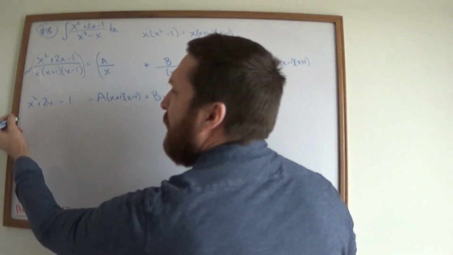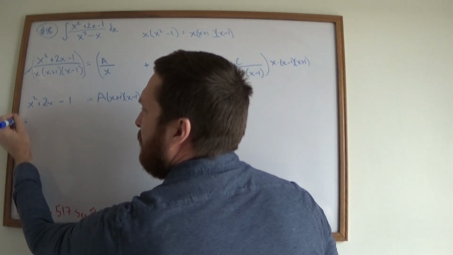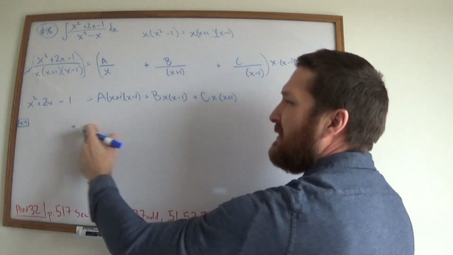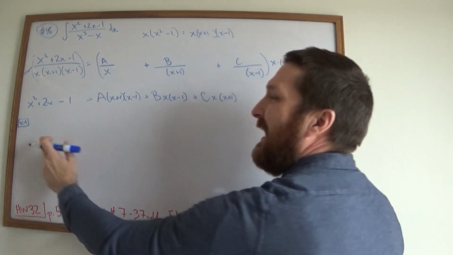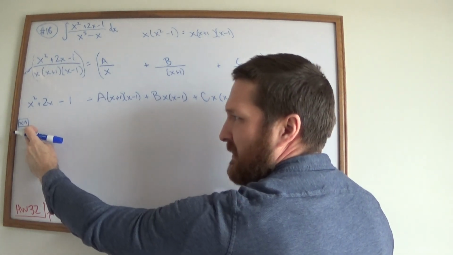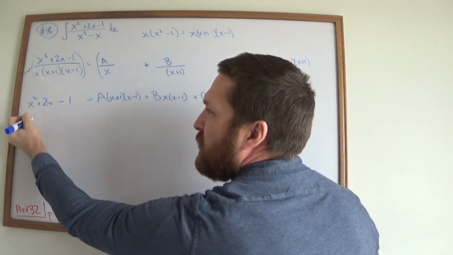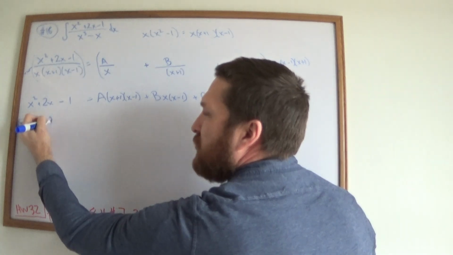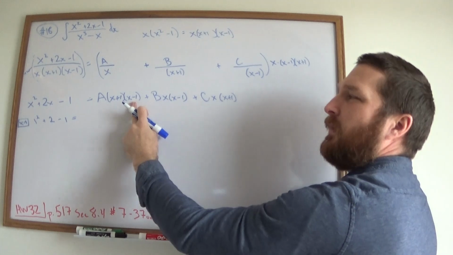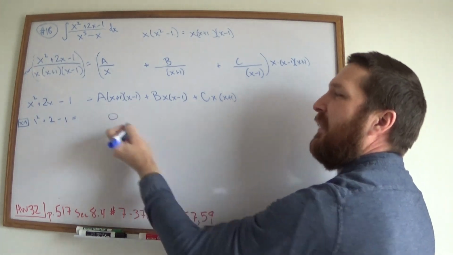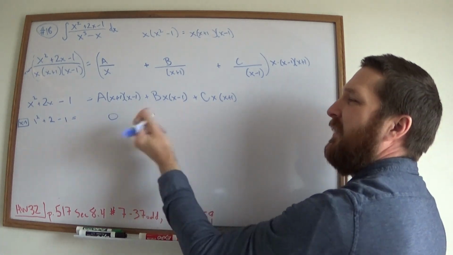Let's just see. I'm going to let x equal 1, and I like to do this because it's going to get ugly later on. In this case, it's not going to get too ugly. I like to keep track of what I'm doing here. So let's plug in x equals 1. I get 1 squared plus 2 times 1 minus 1. Now when I plug a 1 into here, what happens? 0. What happens when I plug a 1 into there? 0.